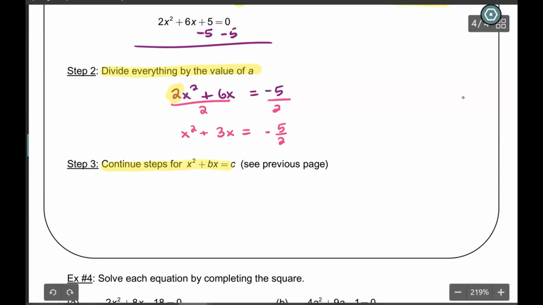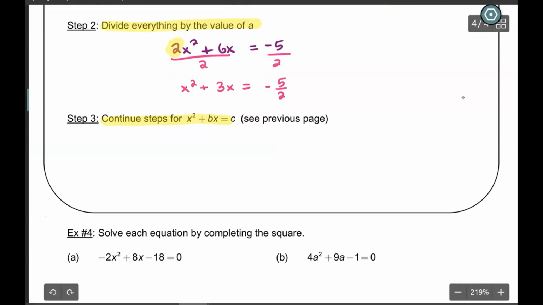Now we continue the steps that we did on the previous page. And yes, again, we have a lot of fractions here. Use your calculators. So I have x squared plus 3x. We take half of 3, which is 3 halves, and then we square 3 halves to get 9/4.